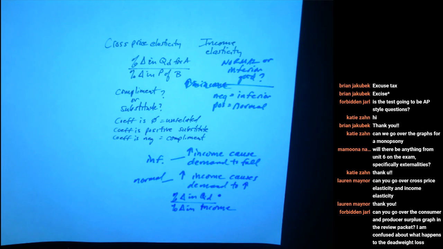Yeah, I don't have that in front of me, unfortunately. Can you be more specific in terms of the consumer and producer surplus graph? That would be helpful, and then I can help you out there. Just go over a couple things.